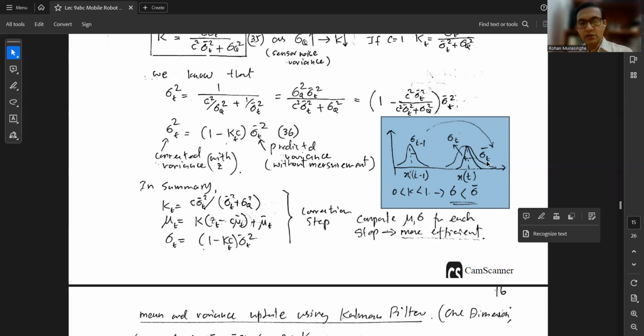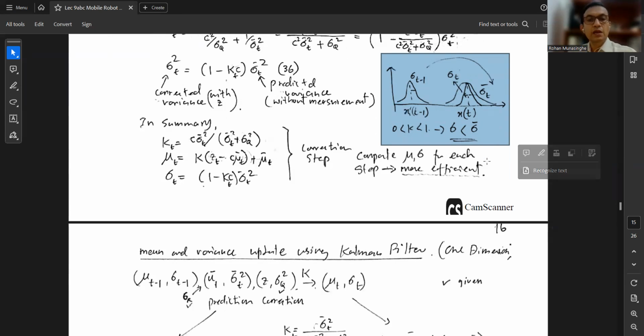The bar that you see here is entirely using the prediction model, the vehicle model, and the other distribution function without the bar is after correcting using the sensor measurement.